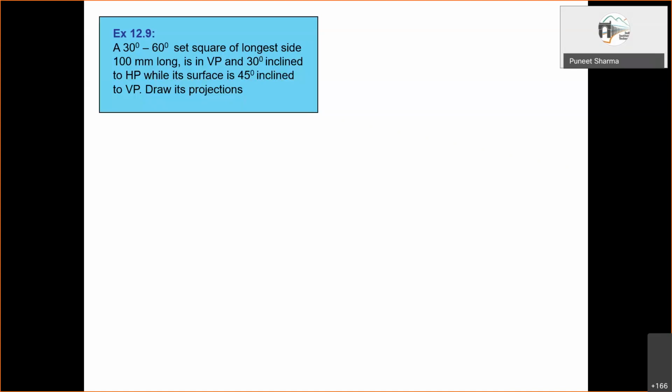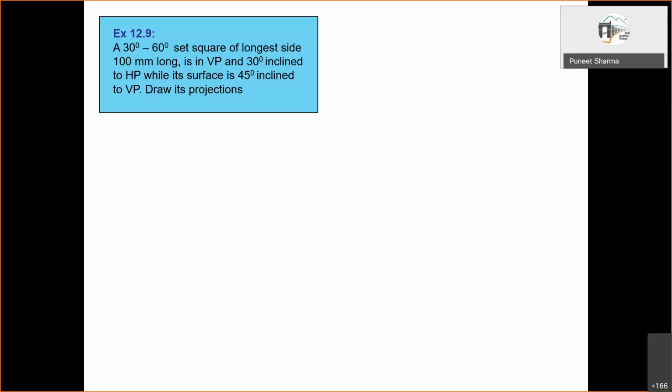Now, if this longest edge is to be maintained in the vertical plane, first of all we will have to assume the complete thing to lie in the vertical plane. Number one, the true shape will be available in the vertical plane. Number two, we will have to obtain the inclination of the surface with the vertical plane, right?